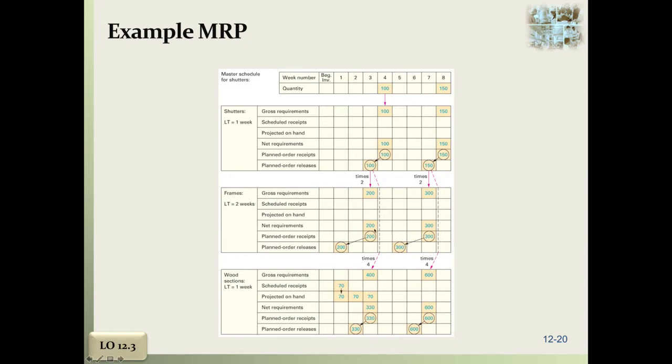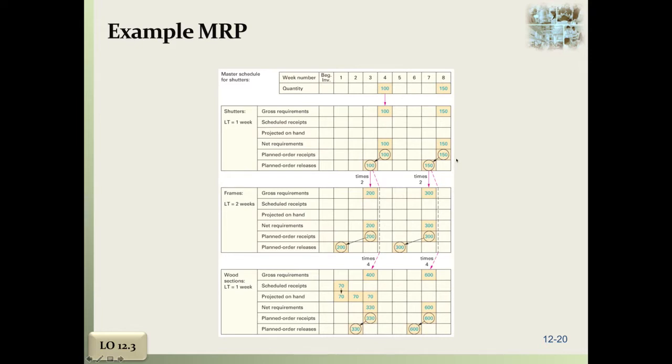So my net requirements is 200. I don't have any on hand, and I'm going to plan to get 200, but my lead time is 2 weeks for them. So I have to take this back 2 weeks. Therefore, beginning week 1, that is when I need to order those frames and make sure I have them ready to give to the folks that are going to assemble the shutters.